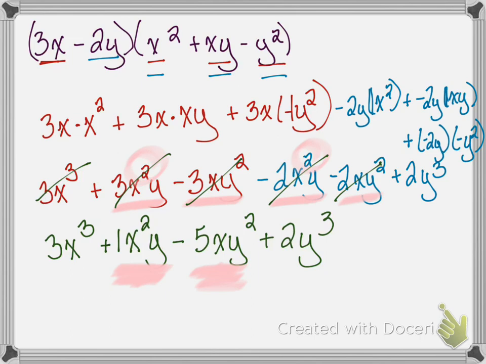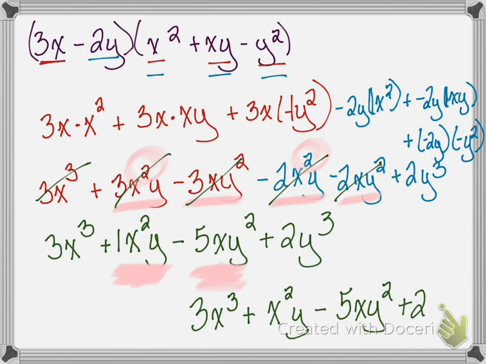So these two terms right here are not like terms, because even though it's the same two variables, they are not raised to the same exponent. So I have 3x to the third plus x squared y minus 5xy squared plus 2y to the third. Okay, and that is my final answer.